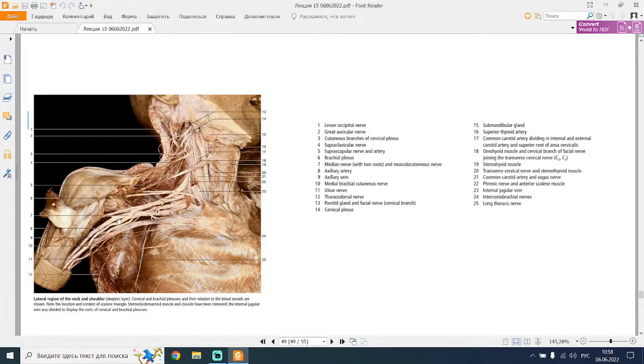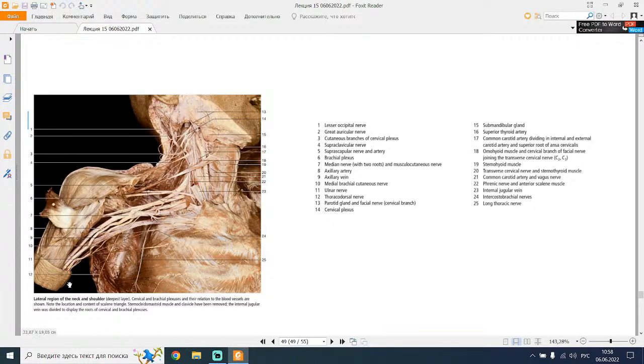What is this? Axillary vein. Then subclavian vein.